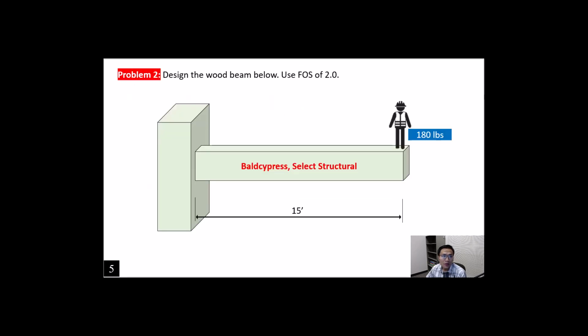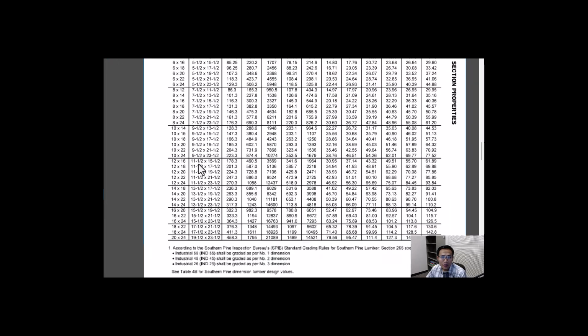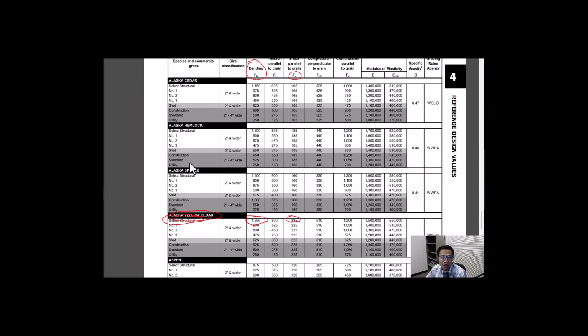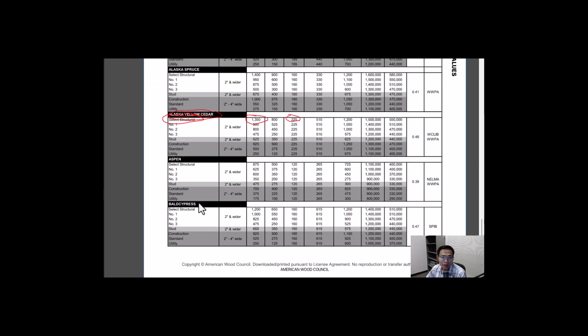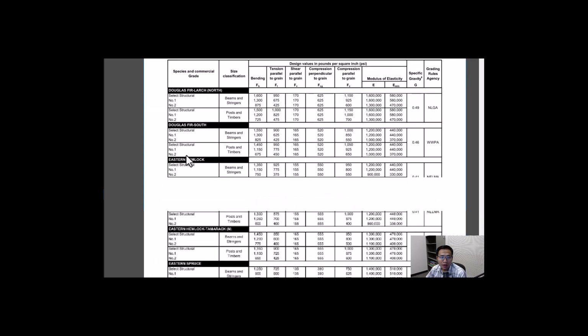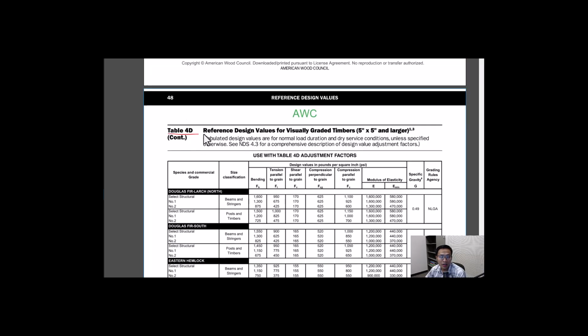Okay, so what we have here is bald cypress. If you check the bottom, you see bald cypress appears on table 4A. And we don't have bald cypress on table 4D.